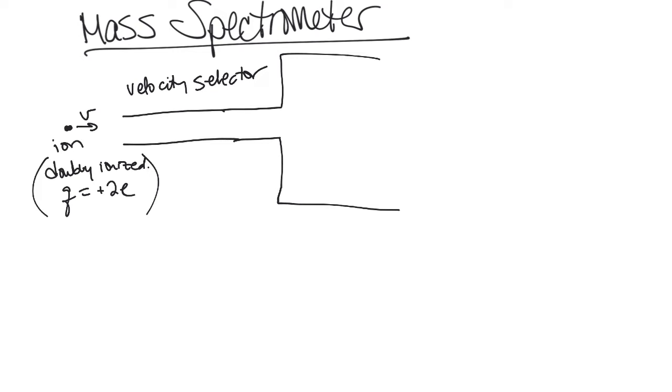Okay, so in this velocity selector, I'm going to draw an electric field this way, and there's a magnetic field perpendicular to that.